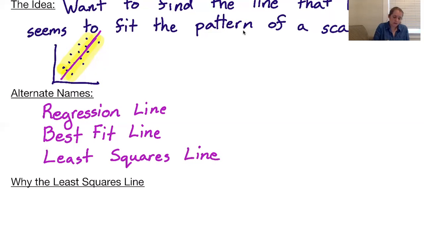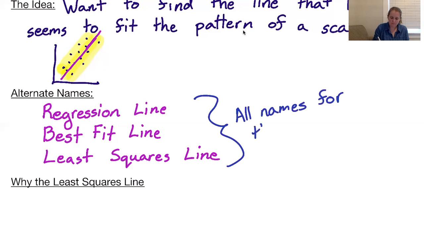So these are all names for the same thing. So the least squares line is actually, or the least squares is actually where the line comes from, how it's calculated.